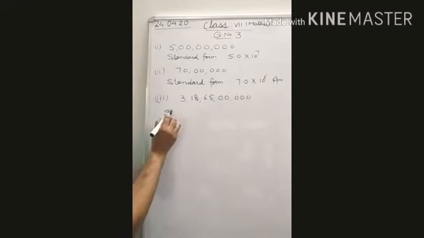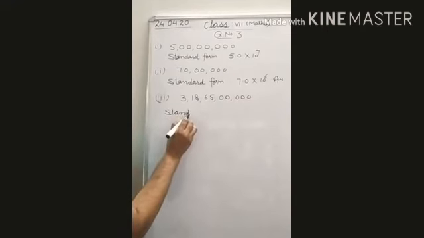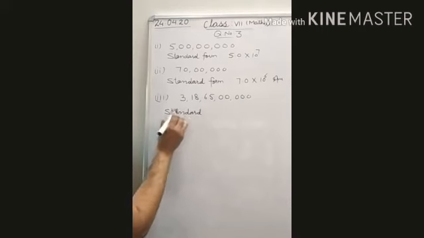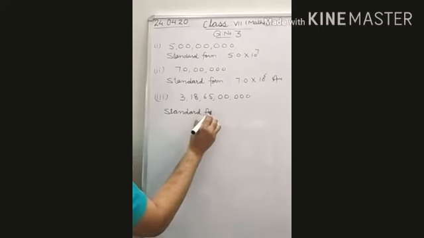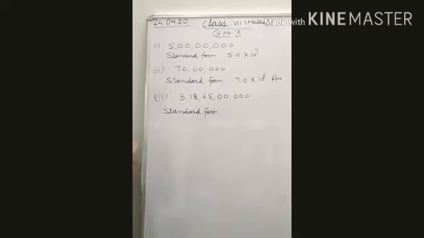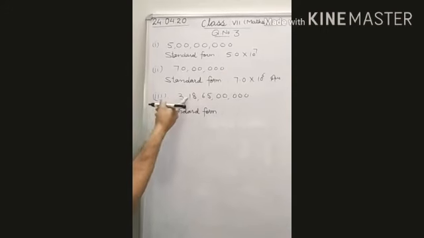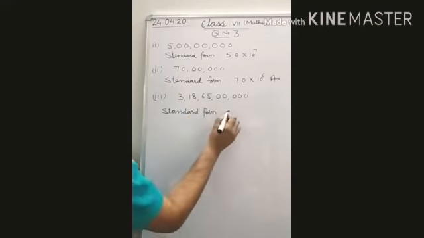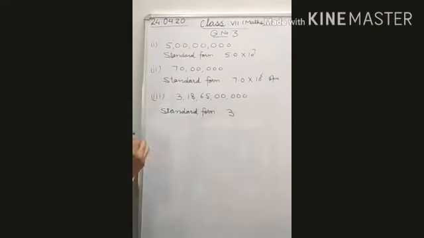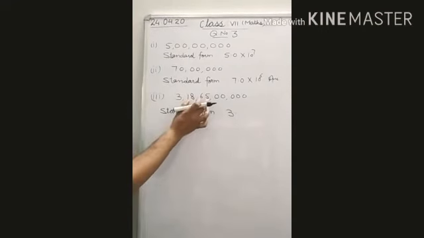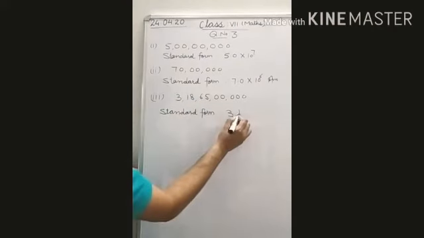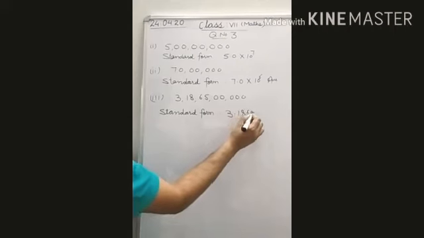So see here, we write standard form. When we express in standard form, the decimal will be after the first digit. So after the first digit, if you put the decimal, it will be 3 point. Now write the digits which are non-zeros here. So these digits we write: 1, 8, 6, 5.